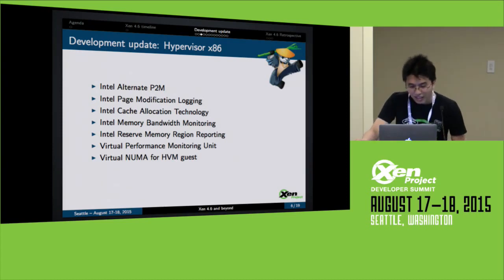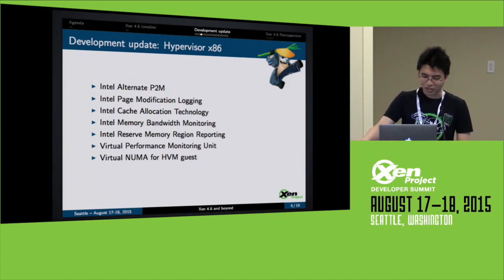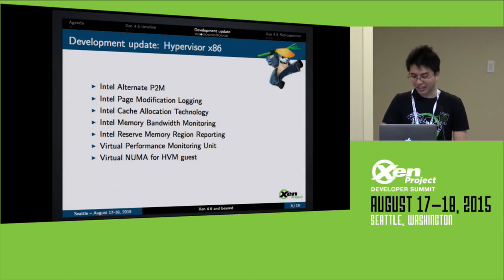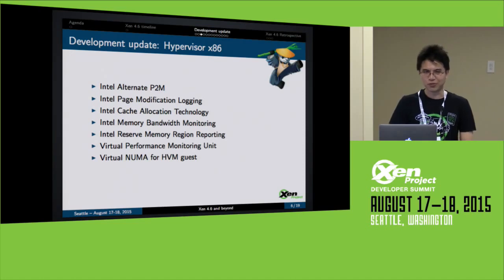applications. And then the next thing is the page modification logging. It's an Intel hardware feature that is used to log dirty bitmaps, so that you don't need to do it with software, so that you can have improved performance when you do migrations and maybe some other stuff.